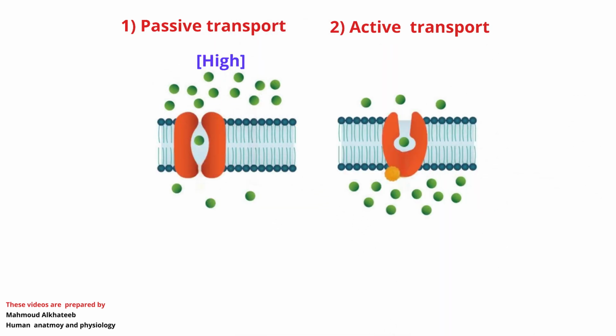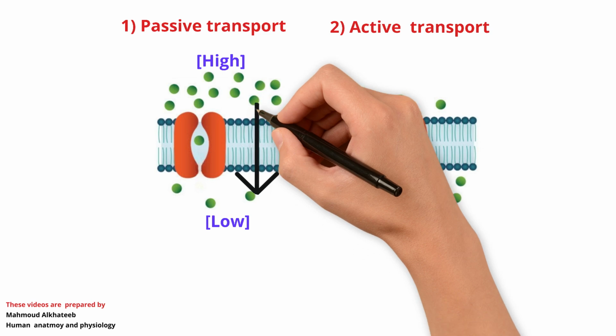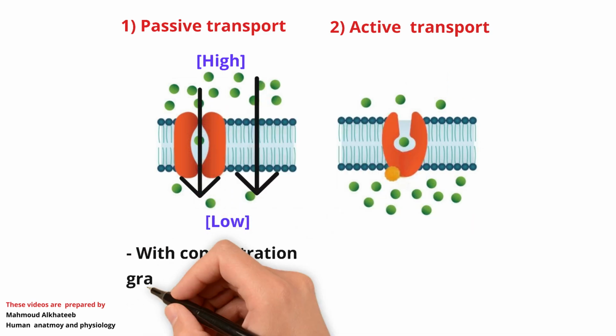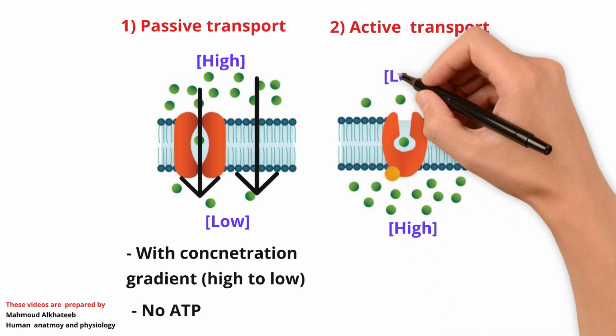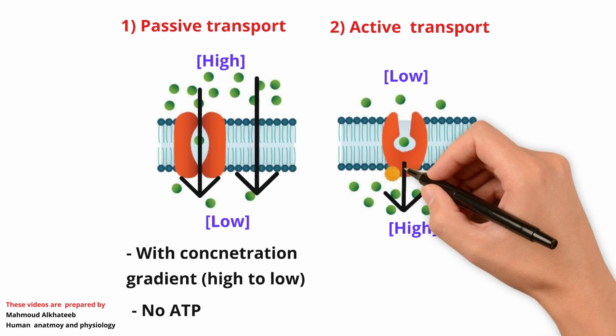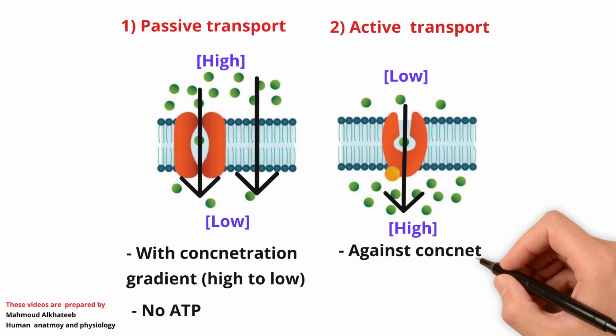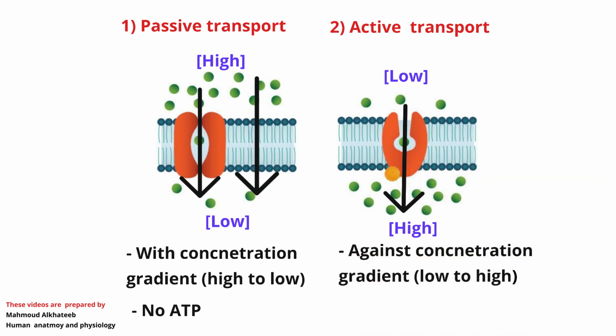During passive transport, molecules move down their concentration gradient from an area of higher concentration to an area of lower concentration. Also, passive transport occurs without requiring energy, or ATP. On the other hand, you can see active transport as the movement of solutes against their concentration gradient from an area of low concentration to a higher concentration.